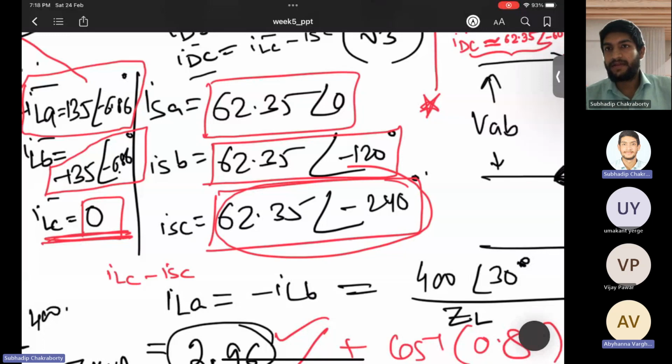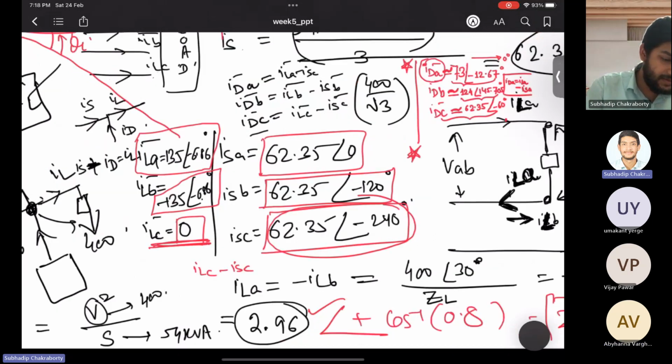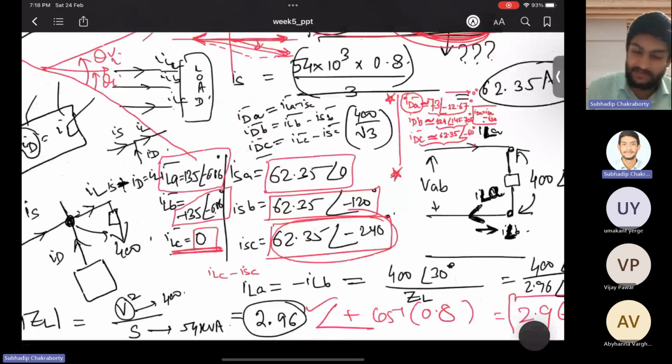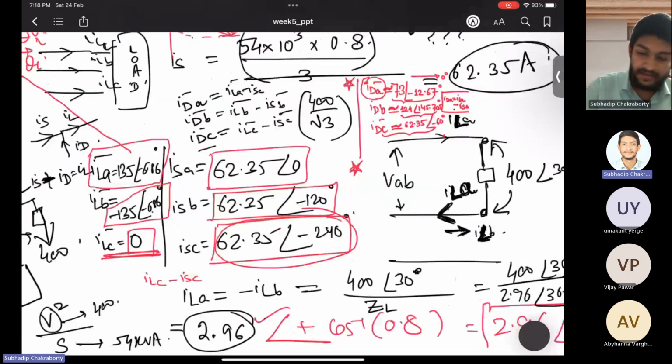I'm not getting this value of minus 240. I didn't understand how it became minus 60. But what is coming? Sorry, it will be plus 60, I think, right? 360 minus 240. Yes, it will be minus 240 only then. Something like minus 240, 120.